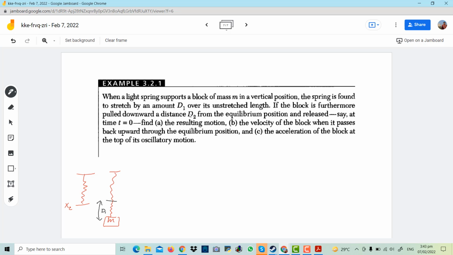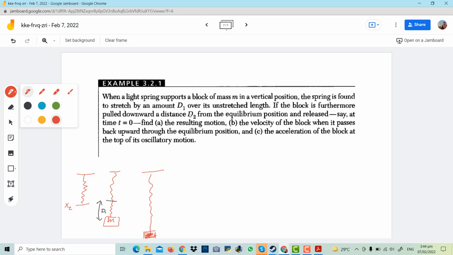If the block is furthermore pulled downward at a distance of D2, what will happen is you exert a force.